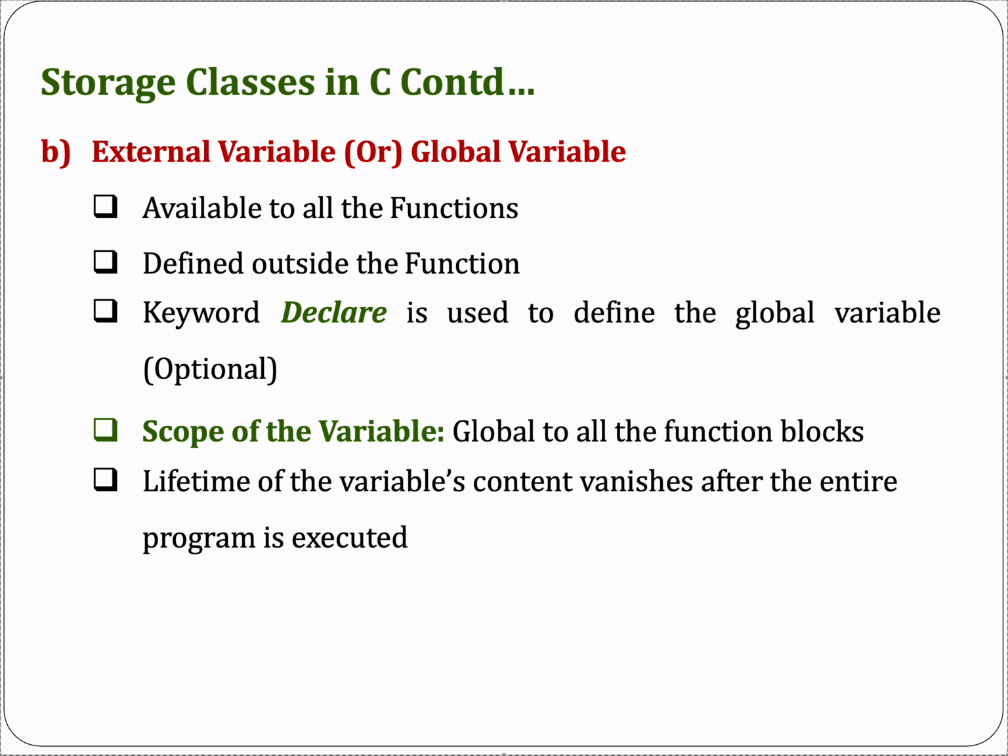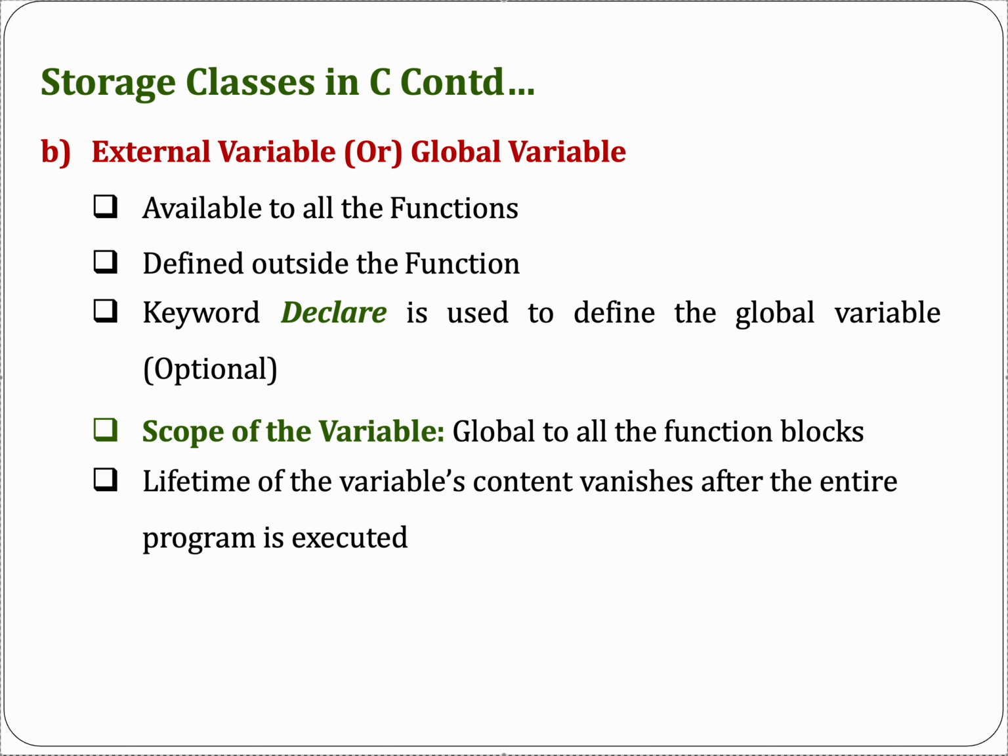As the name suggests, global, it can be accessed by all the functions, whereas a local variable can be accessed only within a function. A global variable can be accessed anywhere in the program. The one default function present in a C program is the main function.